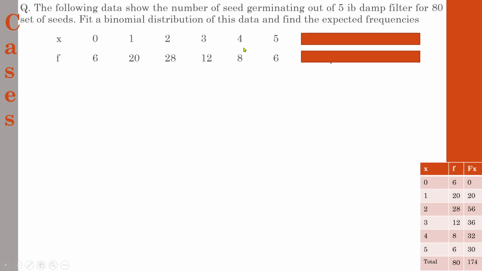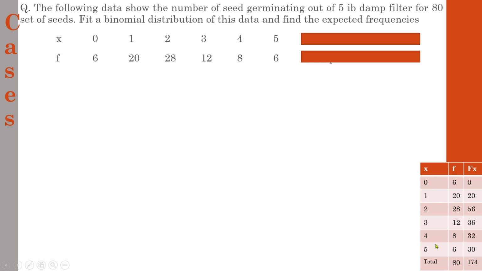Before that, try to convert the same into a table: X is written, F is written. If you remember the methods we learned in third semester statistics, this is a basic situation of computation of mean. First you need to find the mean, because we don't have any details about p or q, so you have to go with the mean.